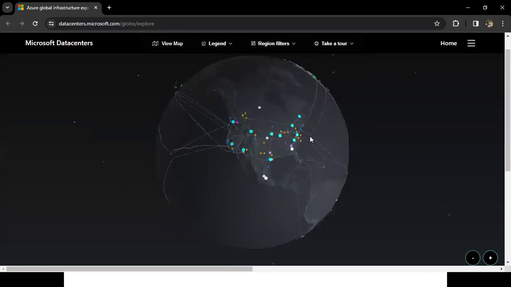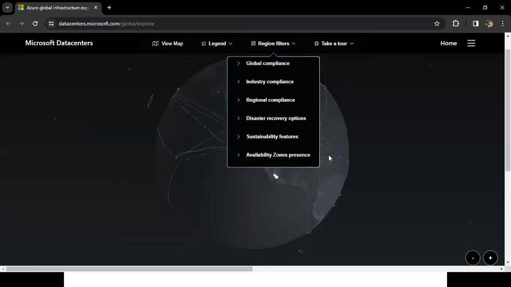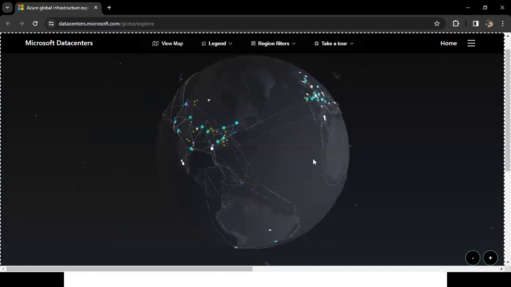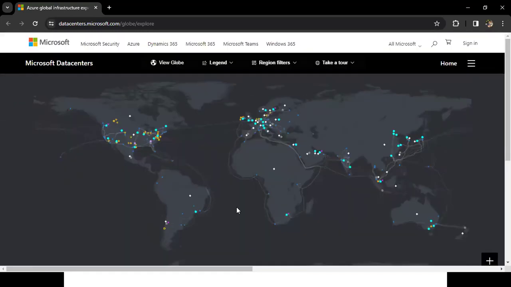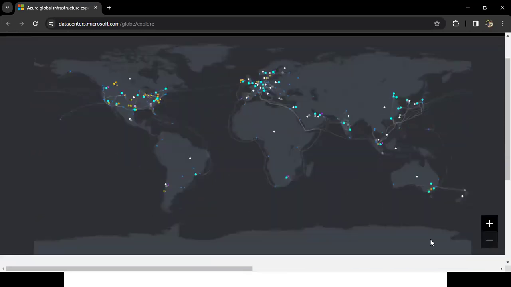If you want to see the view map, here it is. This is the complete map, where we can see all over the world wherever they have regions. Blue dots are regions. In Australia they have 3. They have invested a huge amount of money to provide better connectivity to their customers. I'll share this link in the chat box with you also.